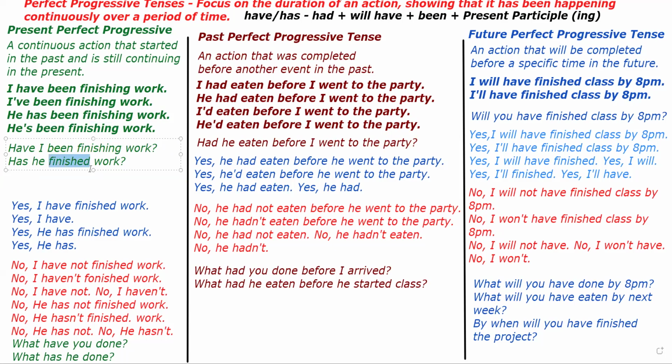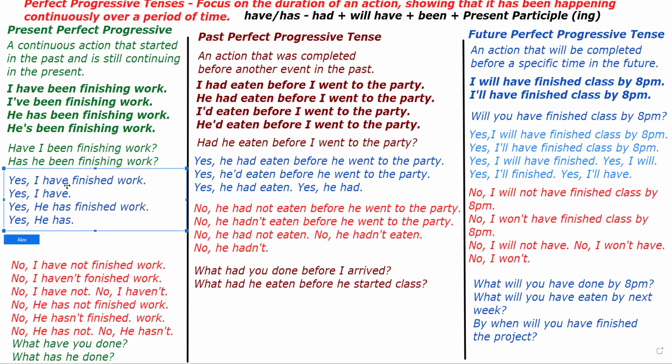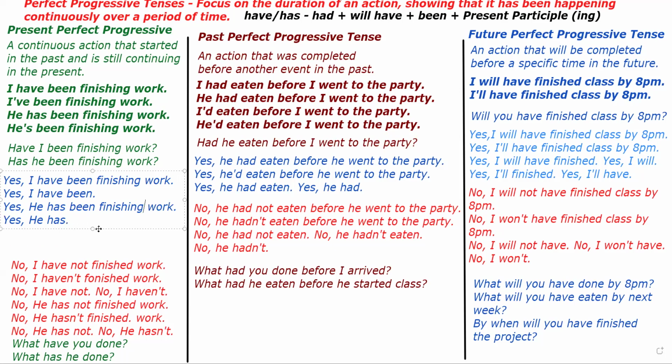Or has he been finishing work? Answer: Yes, I have been finishing work. Shorter answer: Yes, I have been. The other one: Yes, he has been finishing work. Or yes, he has been.